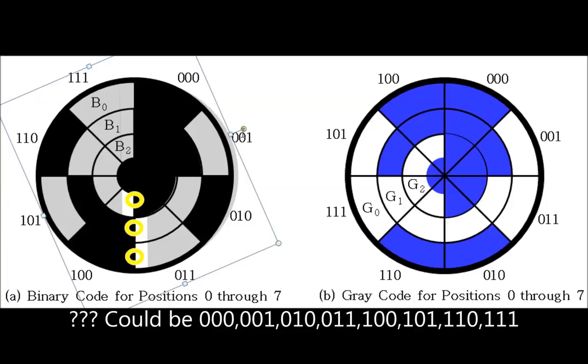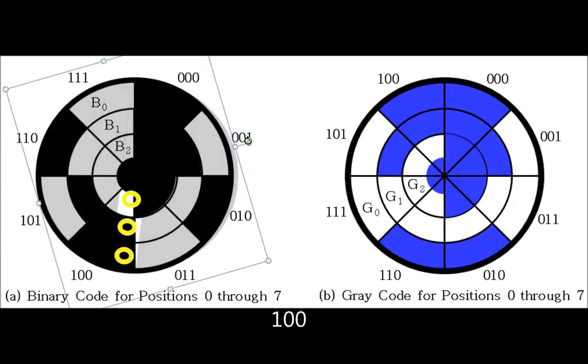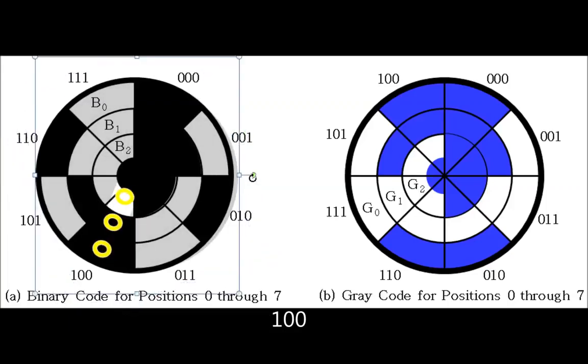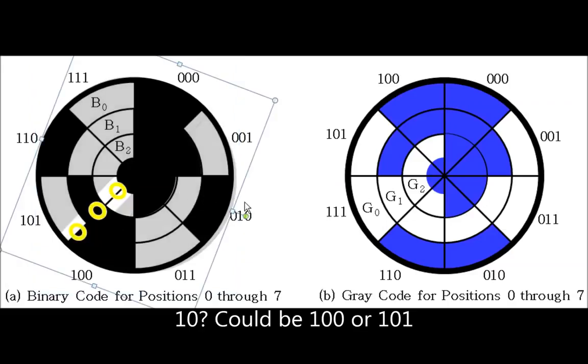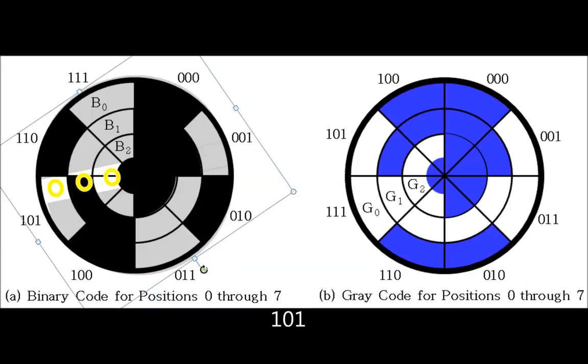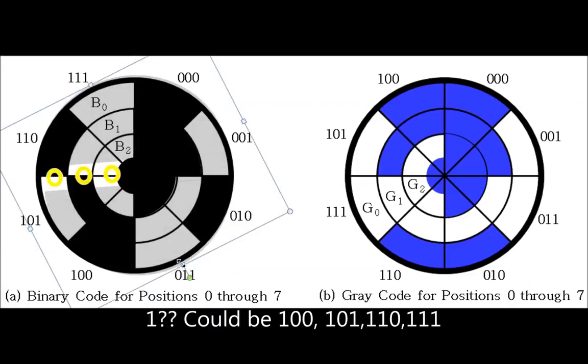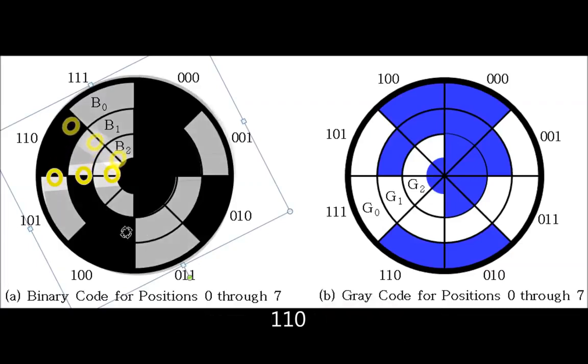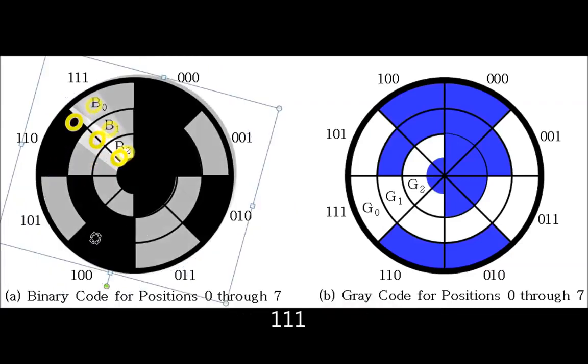As we continue on, we get 100, which is fine. Then another one where there's just one state that's ambiguous. Then the transition between 101 and 110 is ambiguous in 2 bits. So it could be in 4 states, 2 of which are reasonable, 2 of which are not. Another transition between 110 and 111 is just a change in 1 bit.